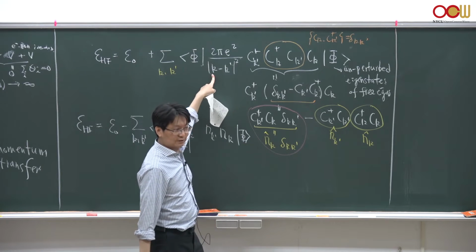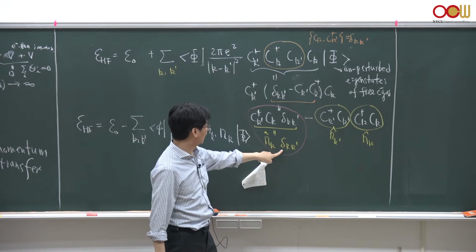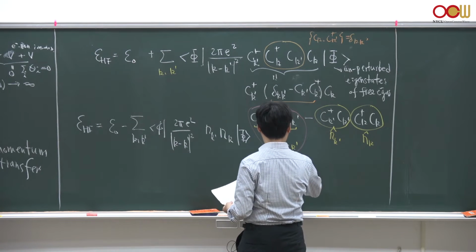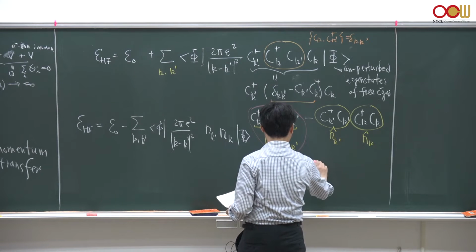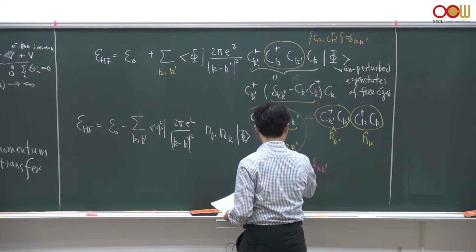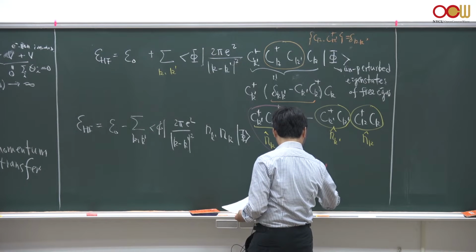But if you combine this Coulomb energy here with the occupation number, you see immediately that this is nothing but V0. Okay, so V of K minus K prime times delta K prime times n of K is nothing but V of Q equals 0.